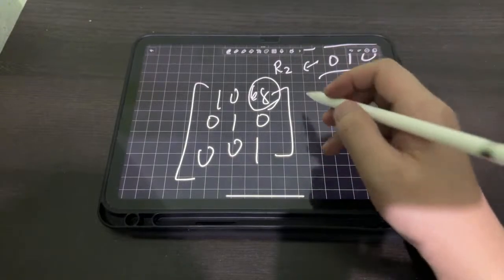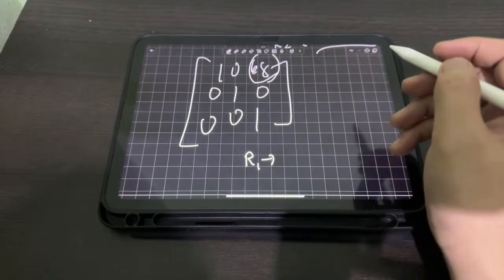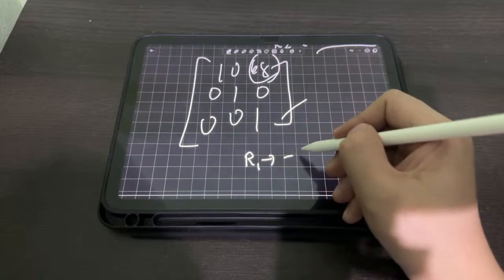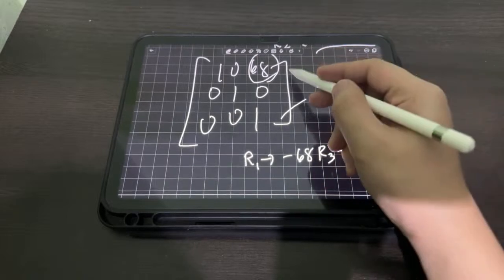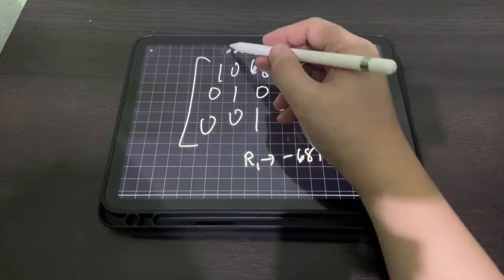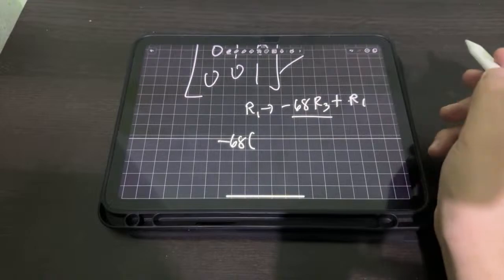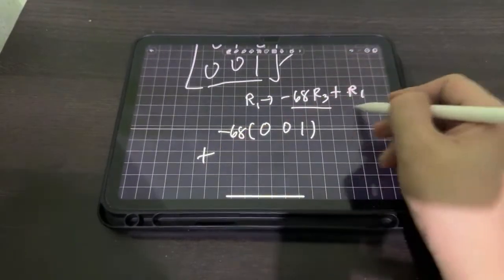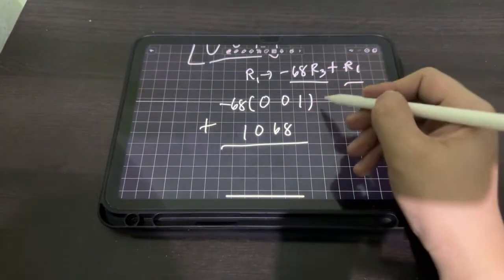So the new form of R1 will be, we need to multiply R3 by negative 68. Okay? Then add it with the entries in R1 to cancel out the 68 for it to become 0.